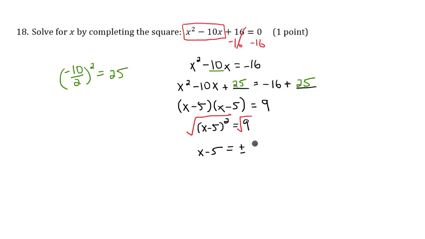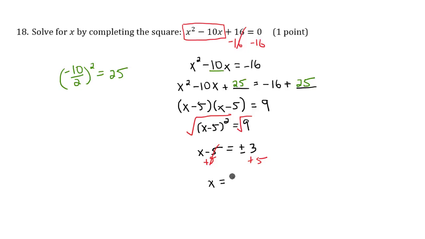The square root of 9 is 3. So now that I have two different answers, a plus 3 and a minus 3, we could keep it all together. I'm going to add 5 to this left side to get rid of that. I'm going to add 5 to this right side.